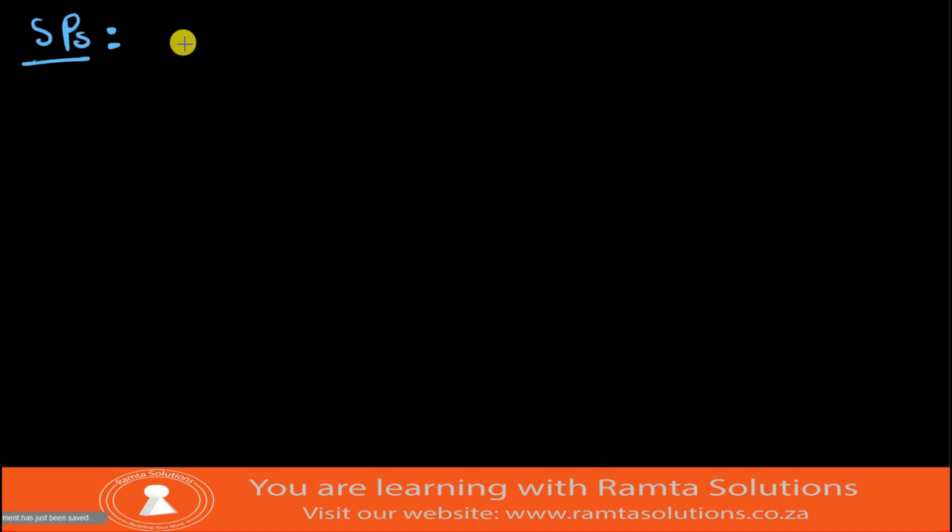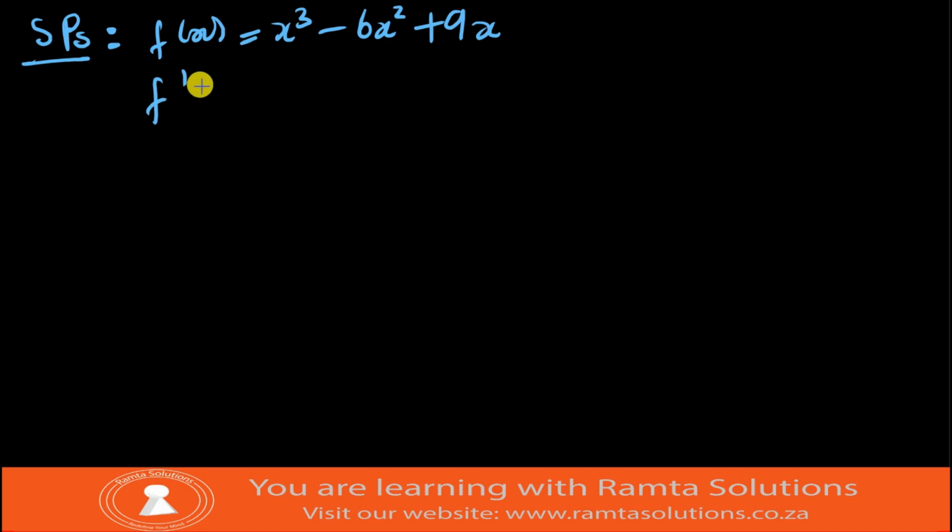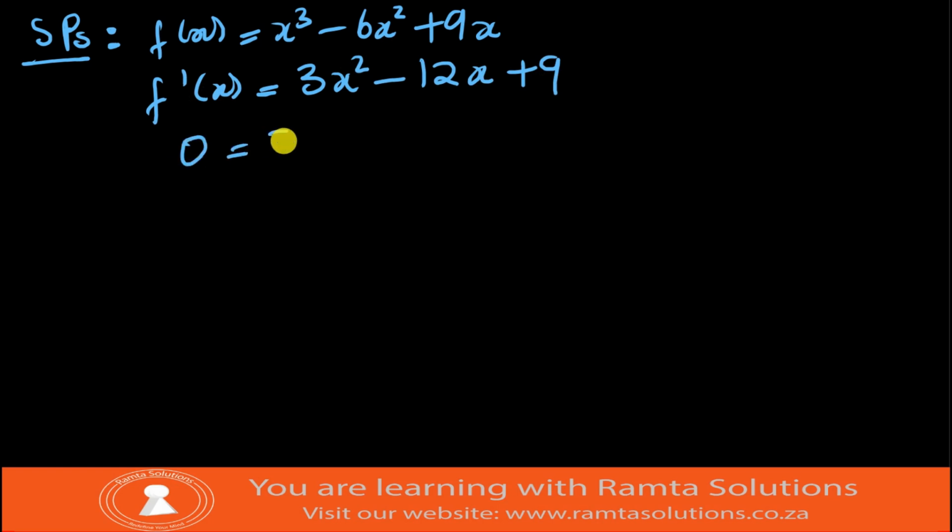To find your stationary point, remember f of x equals x cubed minus 6x squared plus 9x. We need to find f prime x. It is 3x squared minus 12x plus 9. We equate it to 0. So 0 equals 3x squared minus 12x plus 9.